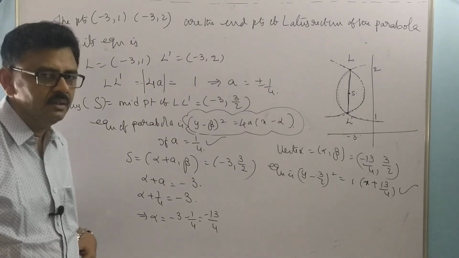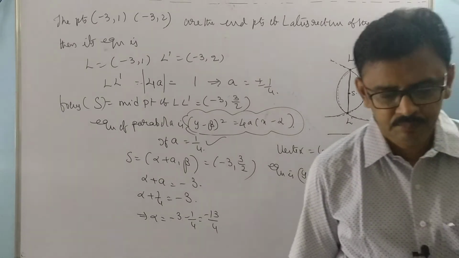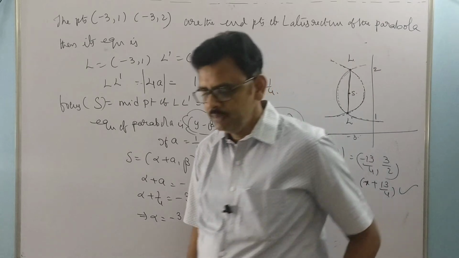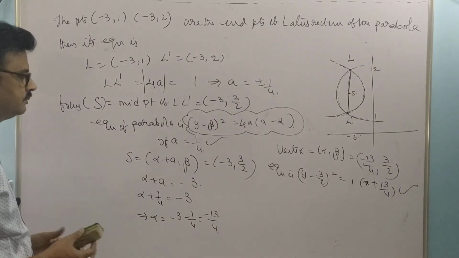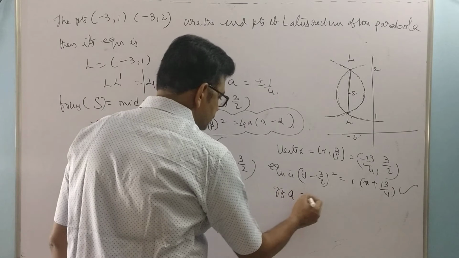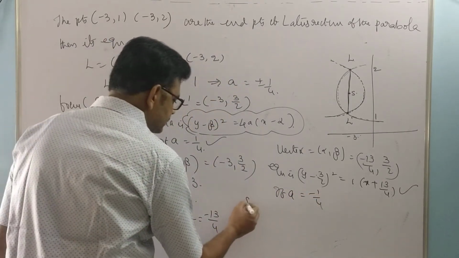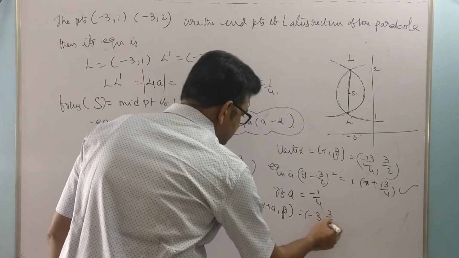Now we have to find the second one. If a is equal to minus 1 by 4, now the focus is (alpha plus a, beta) equal to (minus 3, 3 by 2).